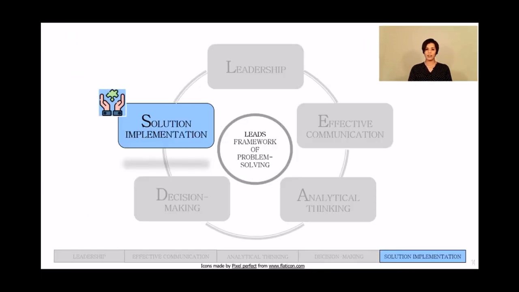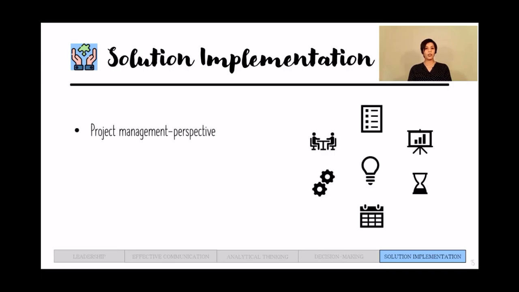Solution implementation. Solution implementation is the culmination of all your hard work in leadership, communication, analytical thinking, and decision-making, but it doesn't end here. Our solution implementation section approaches this process from a project management perspective.